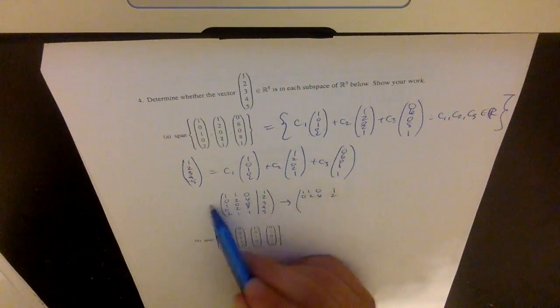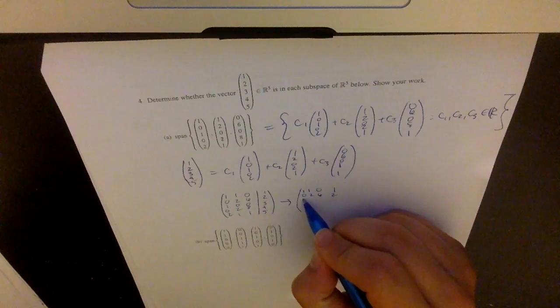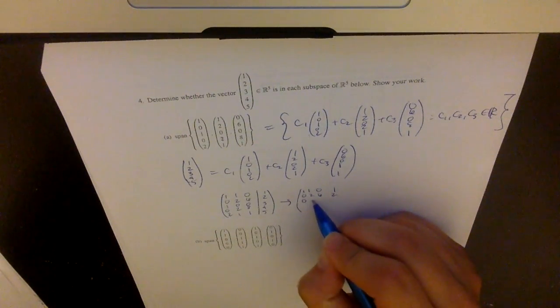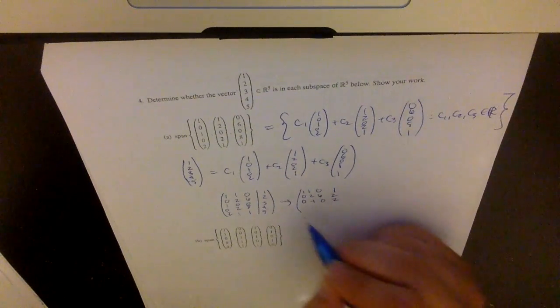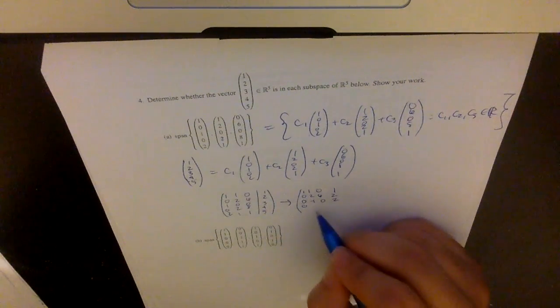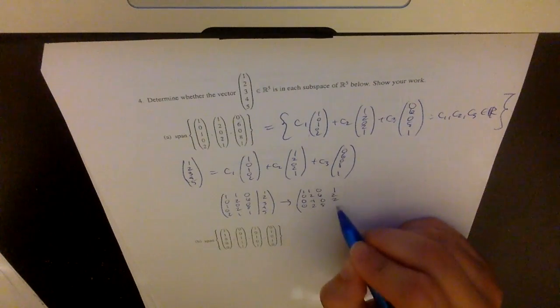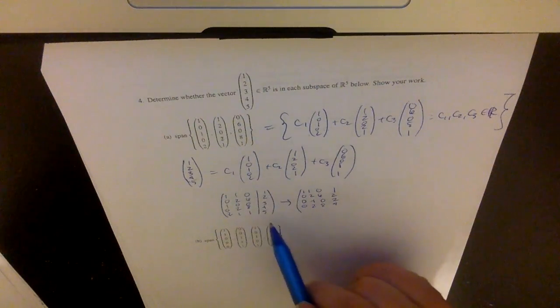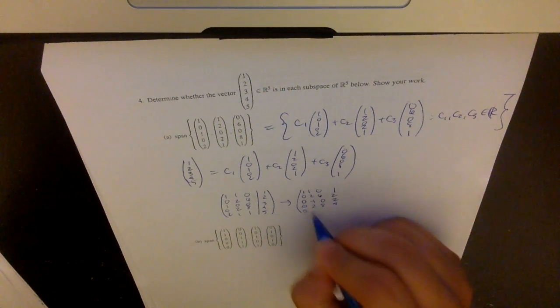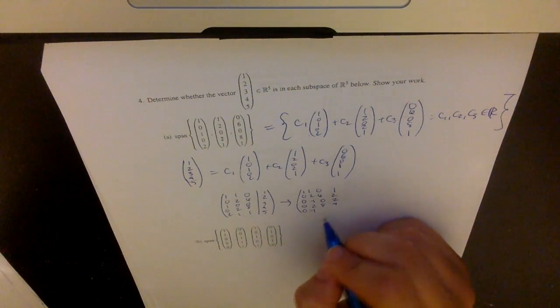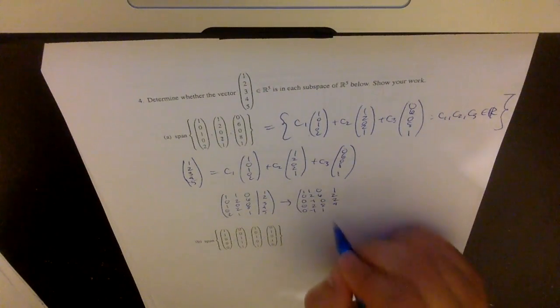So row 3 minus row 1 is 0, -1, 0, and 3 minus 1 is 2. The fourth row already has a 0. And then we're going to take row 5 minus 2 times row 1, which is 0, negative 1, 1, and 3.